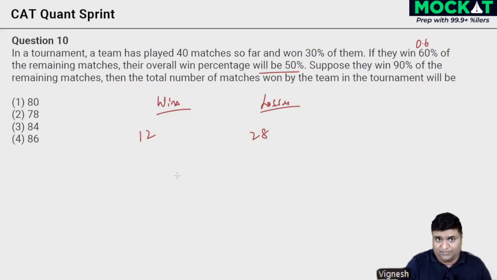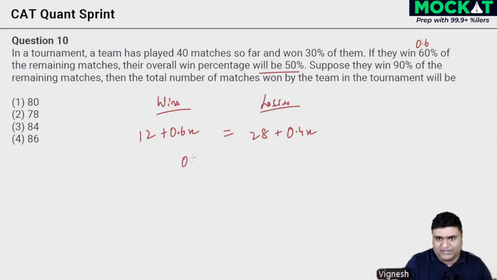As in the decimal form, let the remaining matches be X. If you win 60% of the remaining matches X, then if 60% are wins, the remaining 40% are losses. The losses are 40% of the remaining matches, 0.4x. We are told that the overall win percentage will be 50%. So half our wins means the remaining 50% are losses. So these two should be equal. One equation, one variable, we should be able to solve for it.